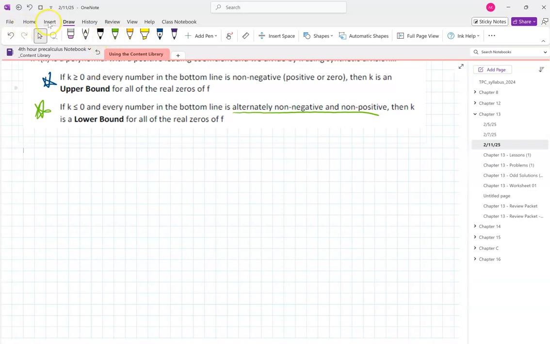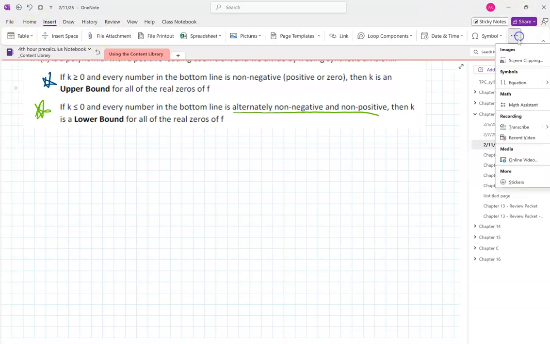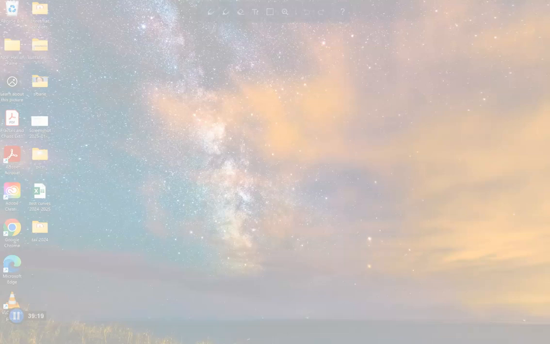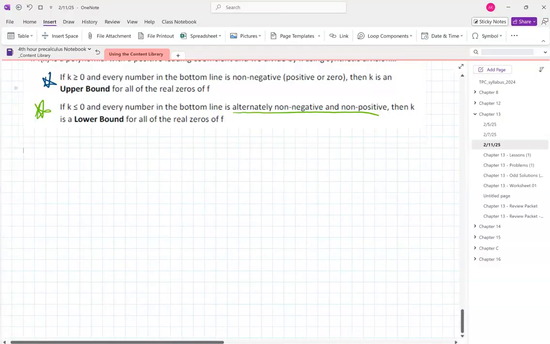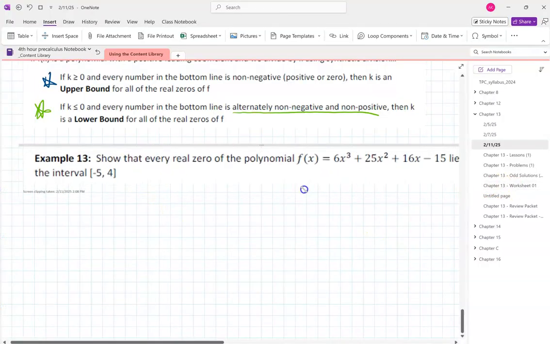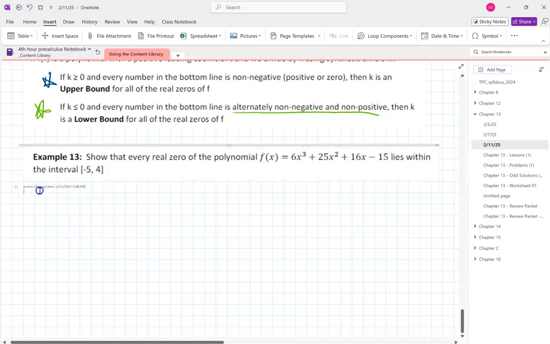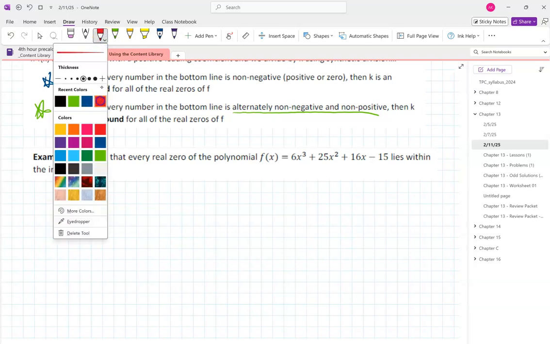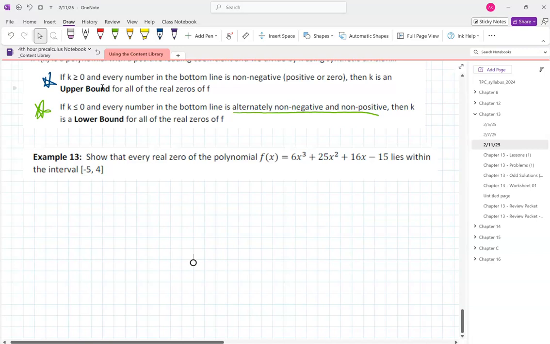So let's look at an example here real quick of a problem that this theorem is what you'd use to do. It says, show that every real zero of the polynomial f of x equals yada, yada, yada, lies within the interval -5, 4.